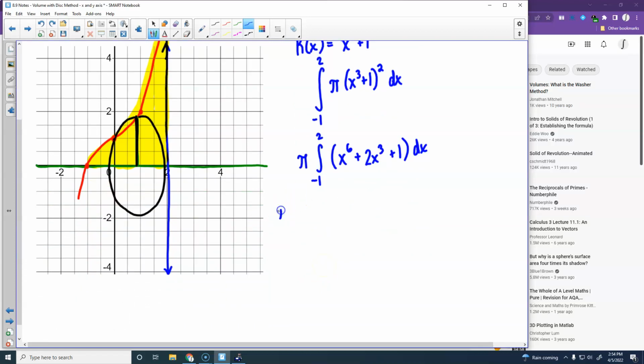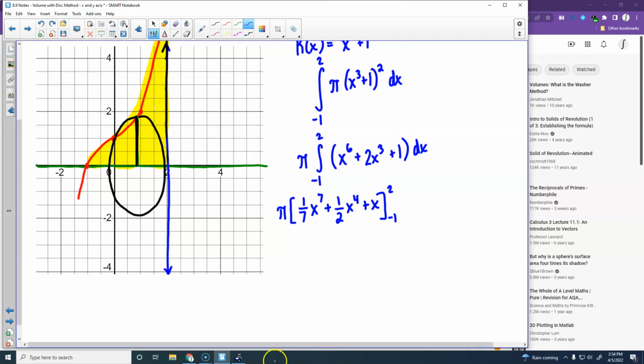And keep that pi out there. We're going to get 1/7 x to the 7th plus 1/2 x to the 4th plus x. And we will evaluate that from -1 to 2.